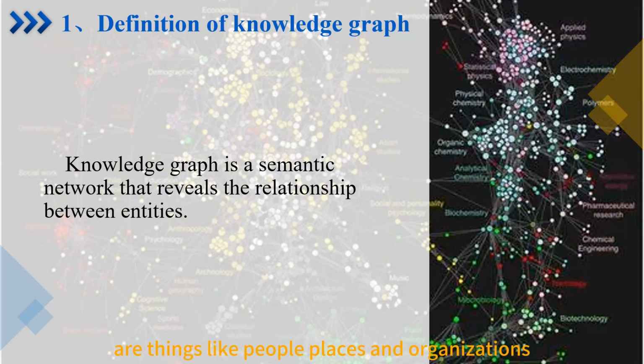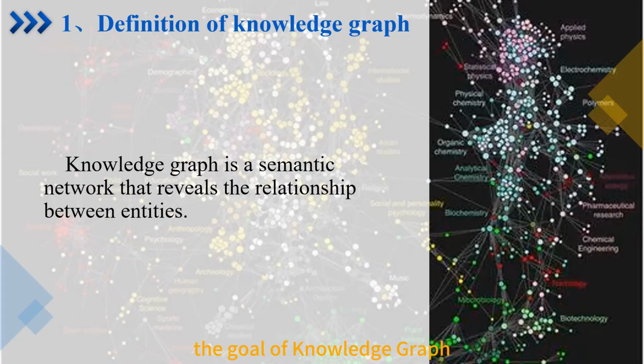Entities are things like people, places, and organizations. Attributes are characteristics or features of those entities, like a person's name or a person's location. Relationships are connections between entities, like family relationships or geographic proximities.